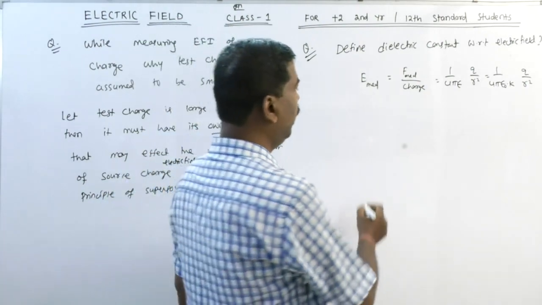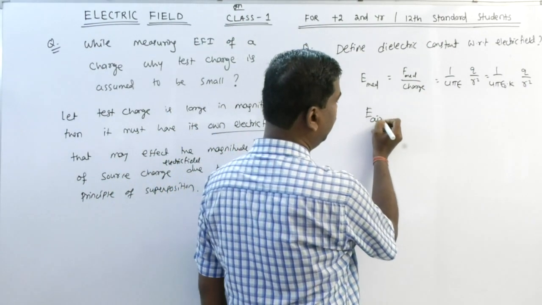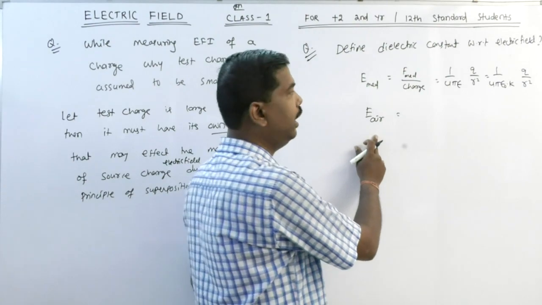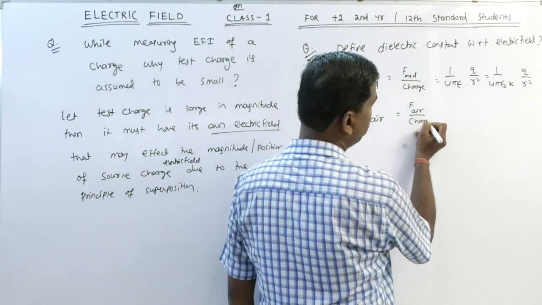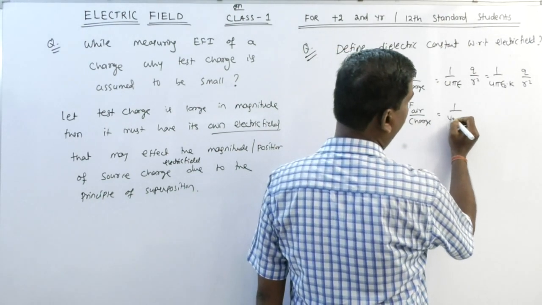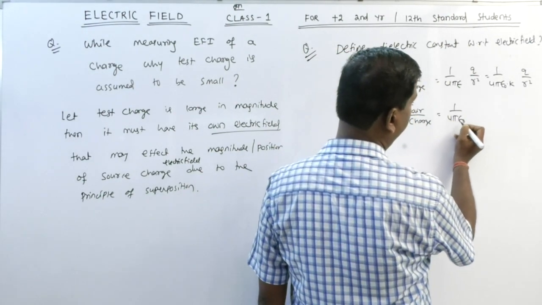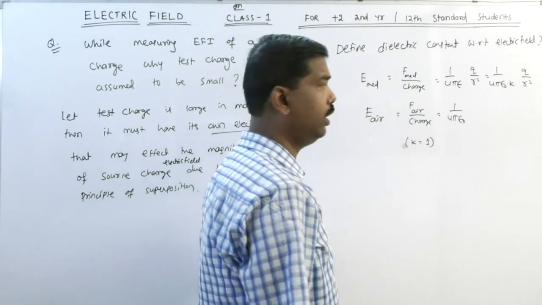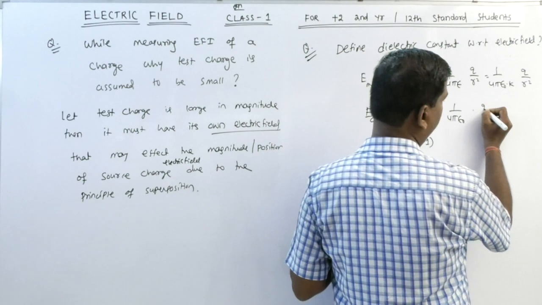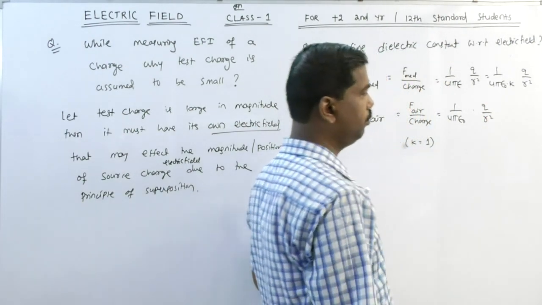Clear? Similarly, if you take E_A, the electric field in air, then force in air by charge is found to be 1 by 4 pi epsilon 0, because for air medium K is equal to 1, q by r square.